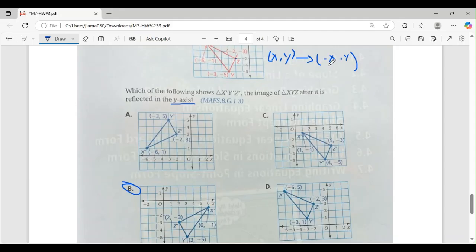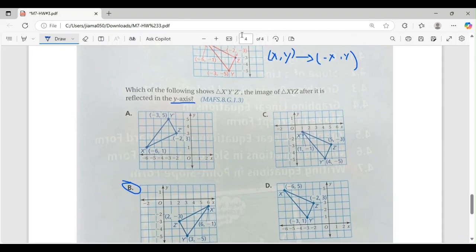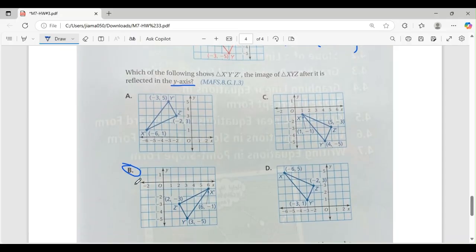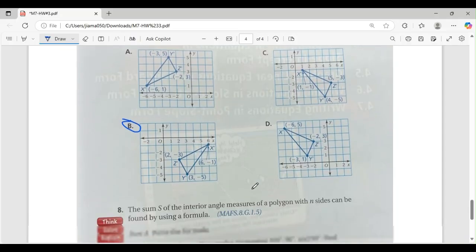After changing it will be 6 and -1. Yes, that's also the same. -3 and -5. It will be 3 and -5. That's also correct, so our answer is B.